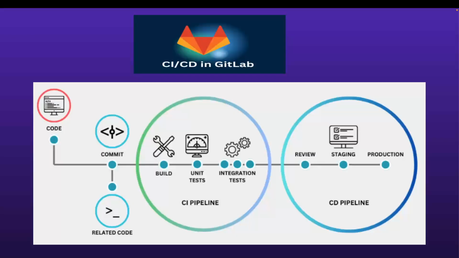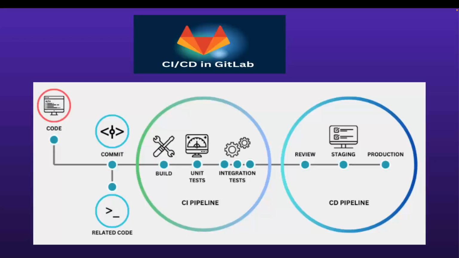You are probably already aware of this process, but for those who are not, I'll explain it in a very short way. The developers commit the code, and the build stage can be a Java, Node.js or Python build, and the unit test checks whether your code is up to the standards.